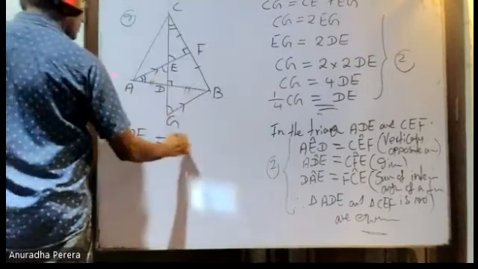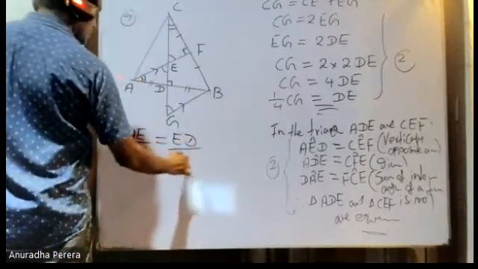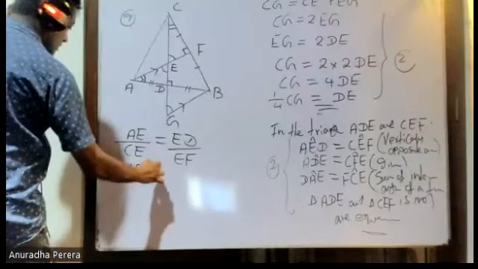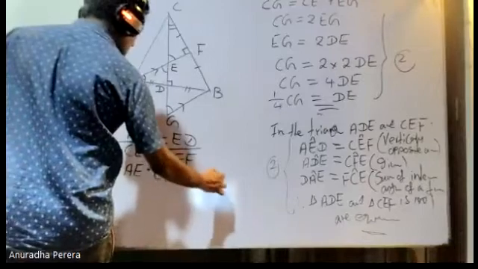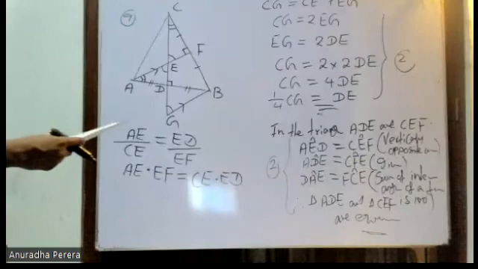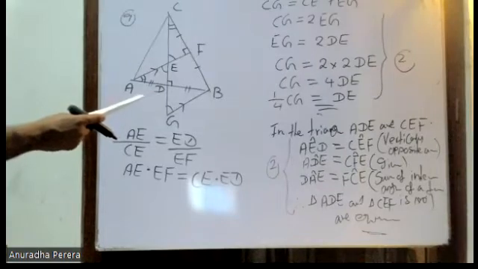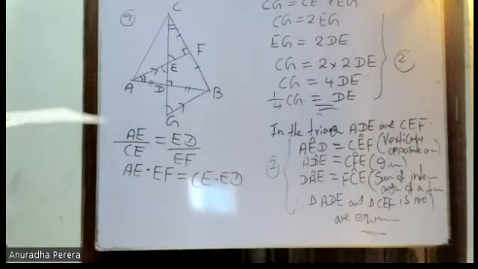ED, the equal angle for this one is EF. Now you can write AE times EF equals CE times ED. You have to represent EF and CE in terms of ED.